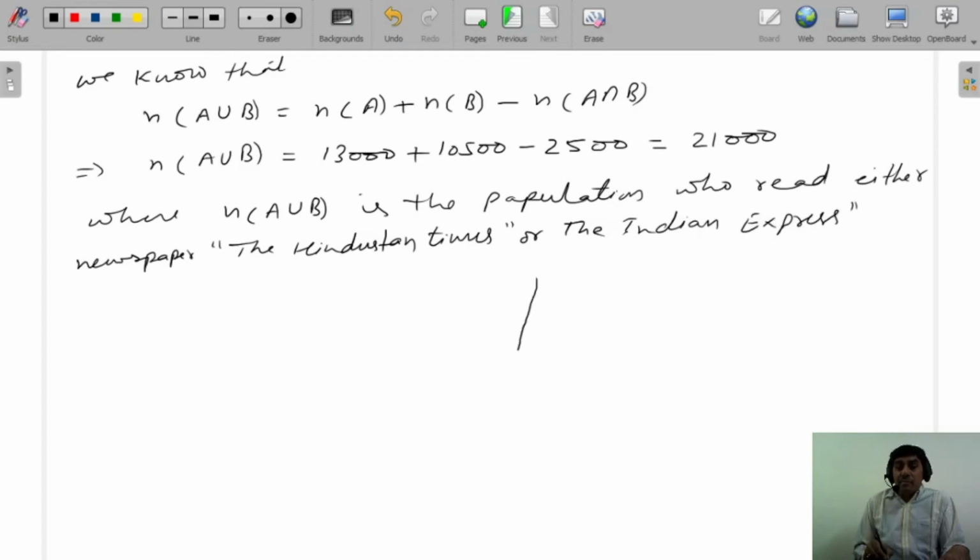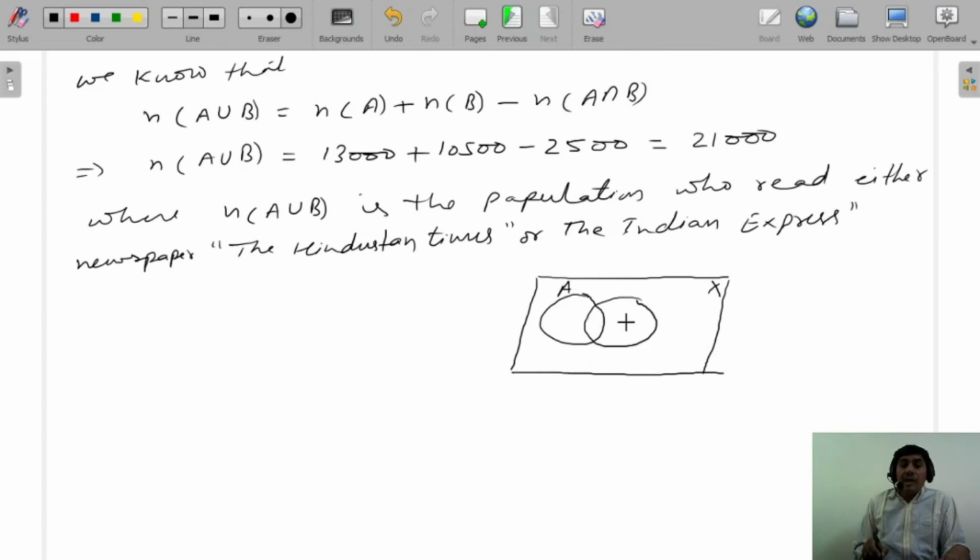Diagram. The rectangle represents the population of the town, that means X. A represents the population who read Hindustan Times. B represents the population who read Indian Express.